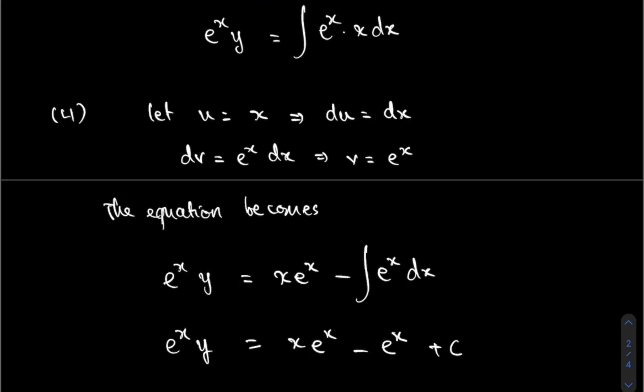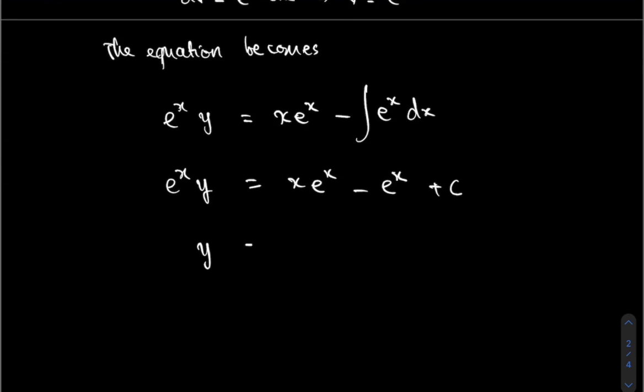To obtain the solution, you can divide both sides of the equation by e to the x. So that is y equal to 1 over e to the x times the quantity x times e to the x minus e to the x plus the constant c.